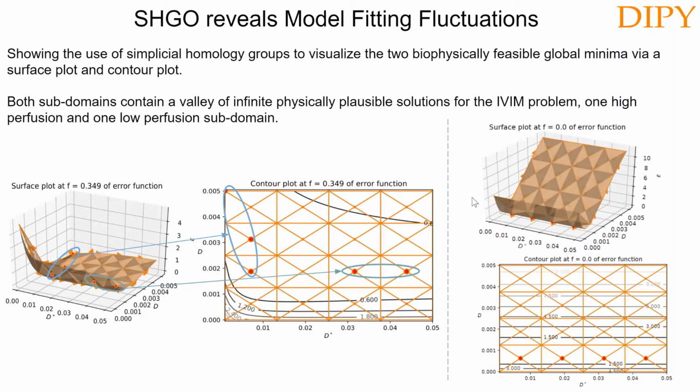This is what is referred to as flat value solutions. Both cases are flat value solutions, but basically there are infinite, anything that falls along this line somewhere between 0.001 and 0.002 would be a plausible value for diffusion. So this is another effect that you will see in bicompartmental models.